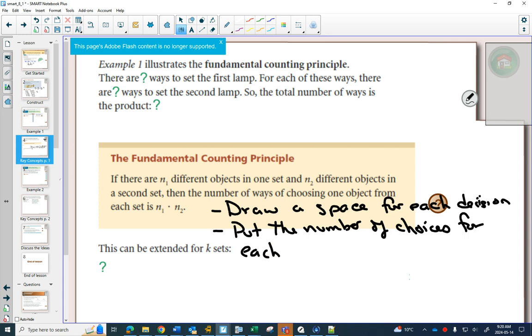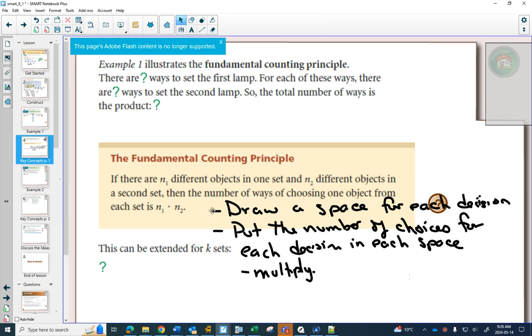And then we put the number of choices for each decision in each space. And multiply. So when they write it here, they're just talking about two decisions, but you could have this for multiple decisions. We draw a space for each decision, find out how many choices you have for each of those decisions, and then multiply them out to get the total.